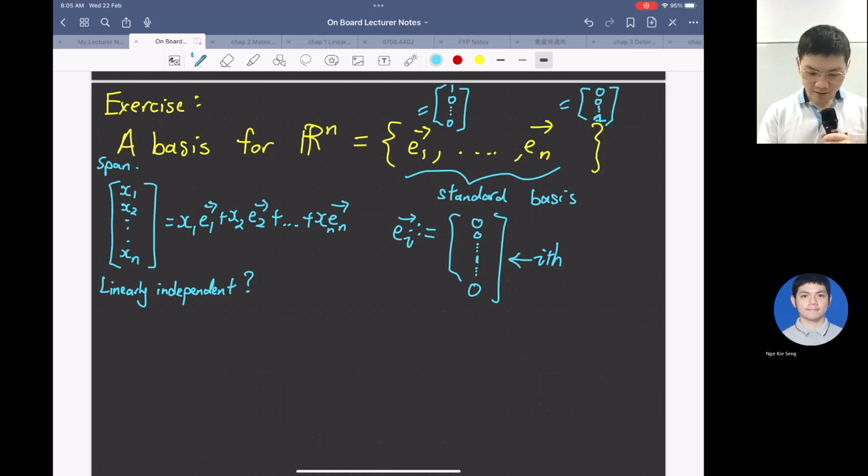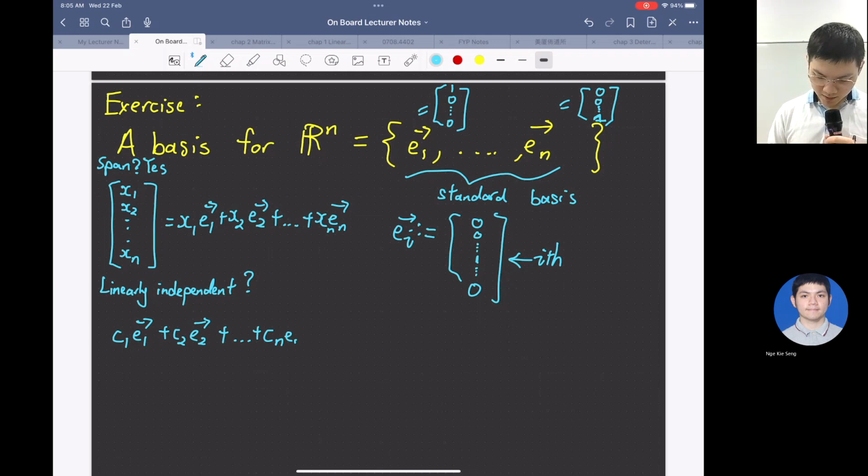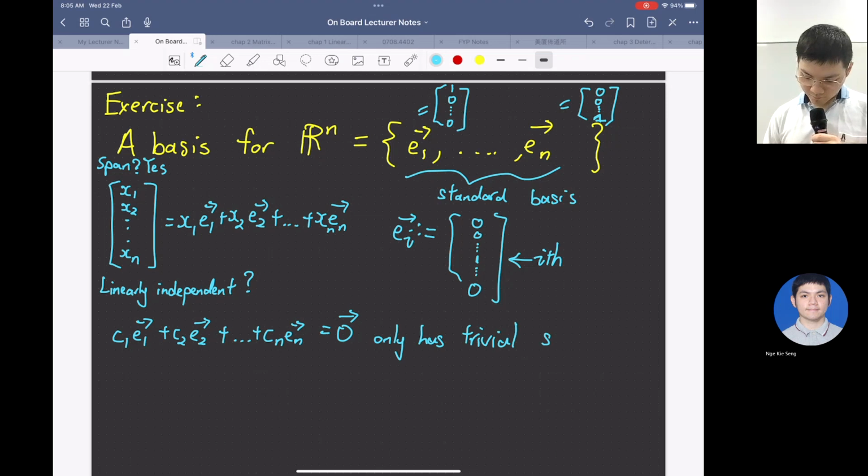Okay, so linearly independent. If you set c1 e1 plus c2 e2 up to cn en equals 0, we want only the trivial solution.